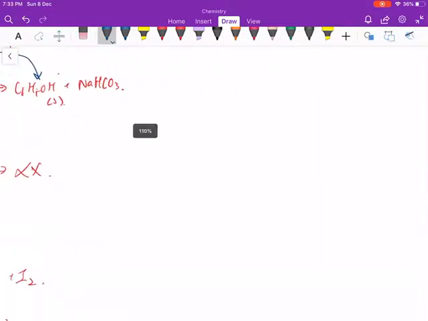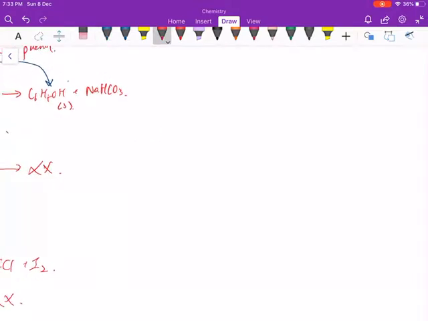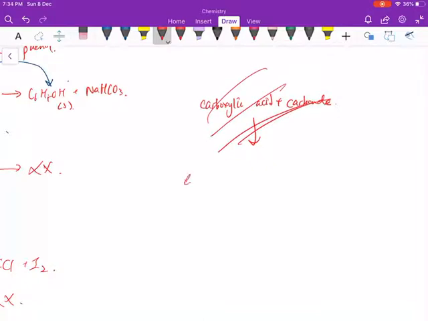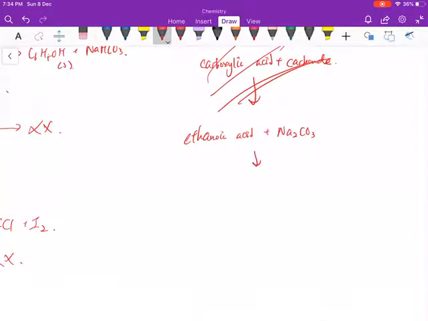But why am I talking about that? Because from GCSE we all know that carboxylic acid could react with carbonate ions, or with sodium carbonate or sodium hydrogen carbonate. If I give you an example, let's say that I've got ethanoic acid and I add sodium carbonate, and that gives sodium ethanoate, carbon dioxide and water.